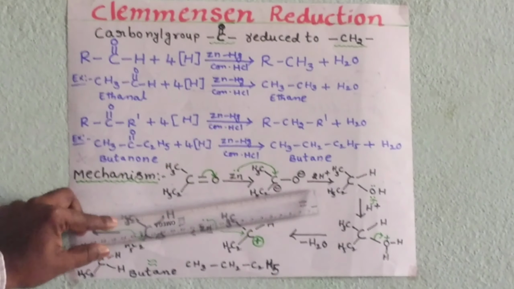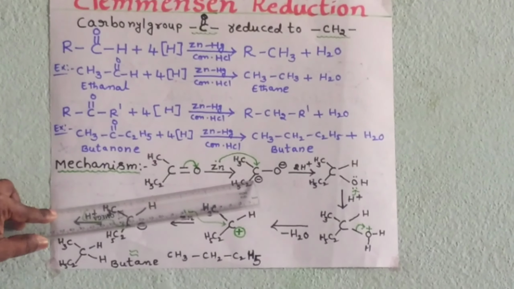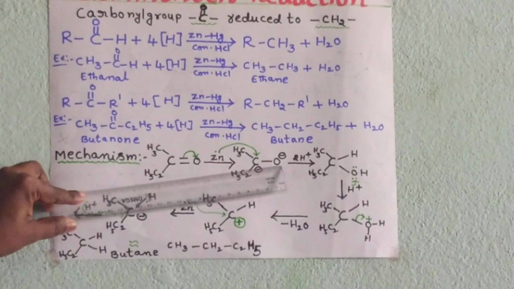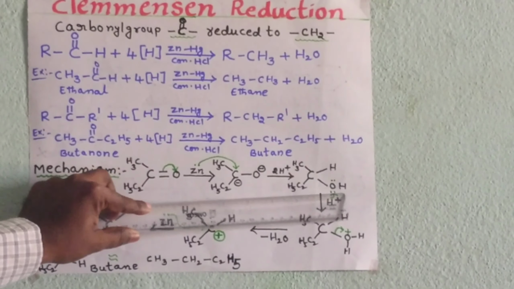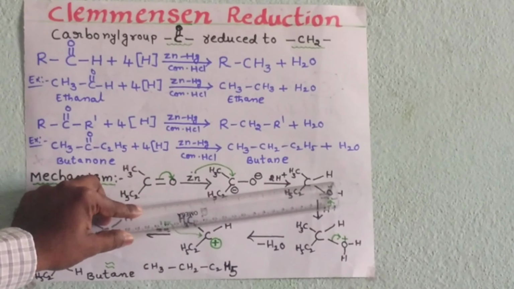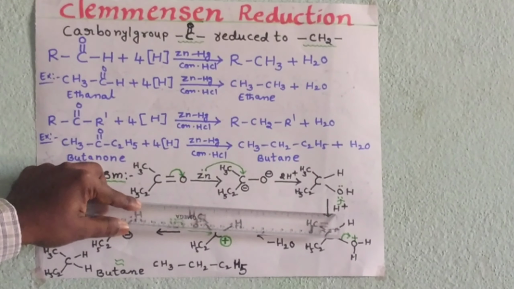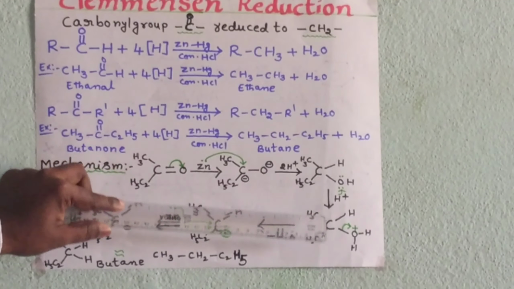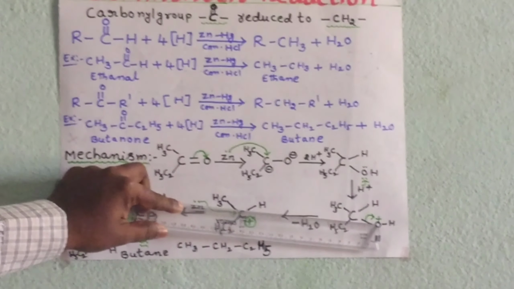One of the hydrogen atoms attacks the carbon, and another attacks the negatively charged oxygen species, which is converted into C bonded to OH. Now one more H plus ion attacks the OH group, and it is converted into OH2 plus.